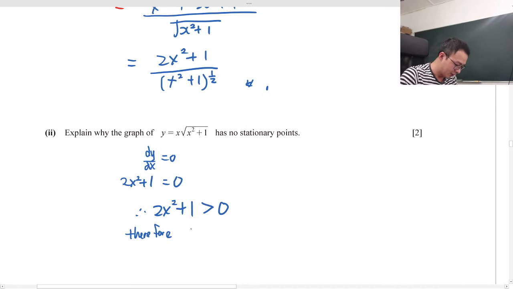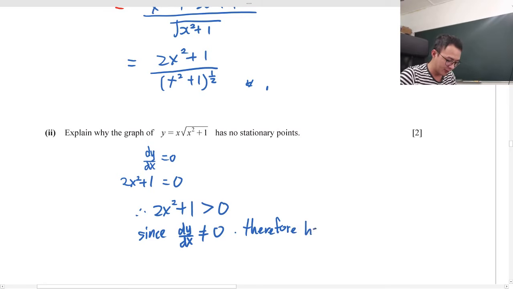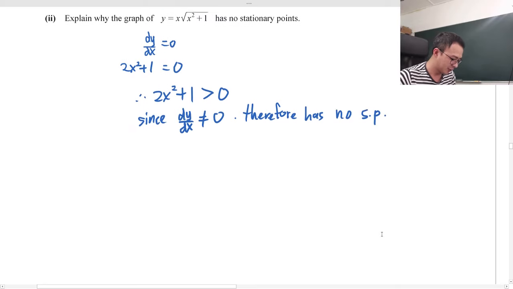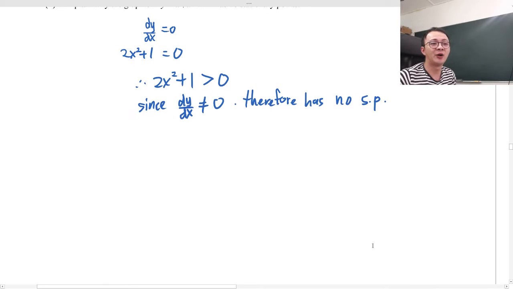You can say something like this: since dy dx cannot equal 0, therefore you have no stationary point. Yeah, this is how I will explain.